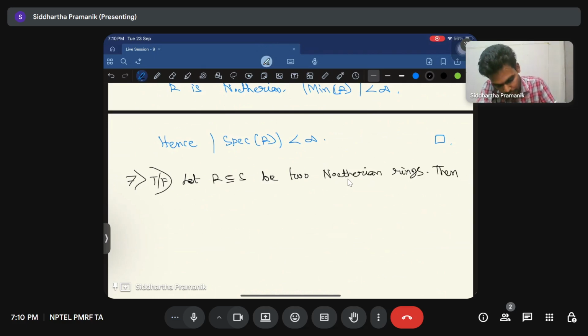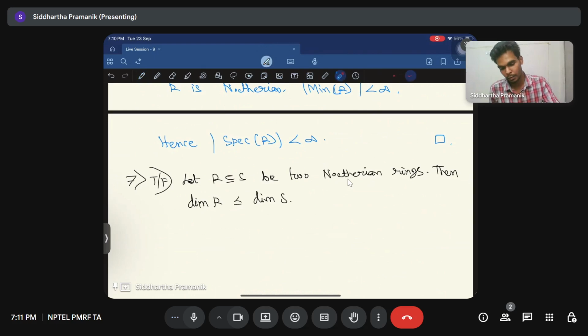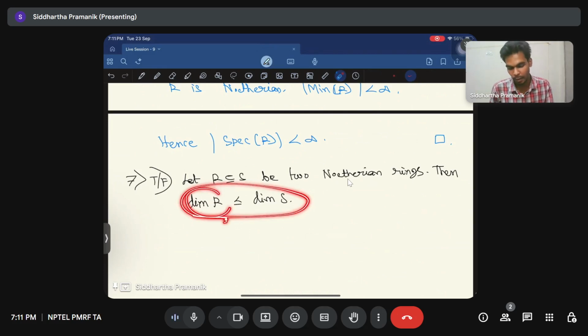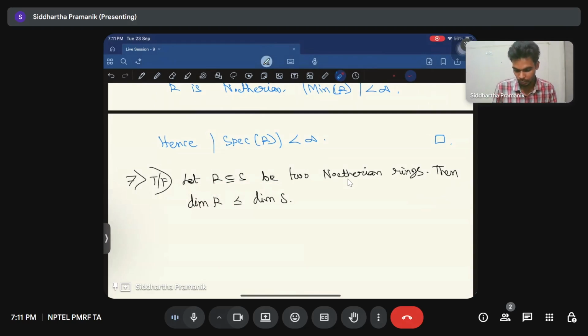Then the Krull dimension of R is less than or equal to the Krull dimension of S. So it is true or false. So if a Noetherian ring R is contained in another Noetherian ring S, then dimension of R is less than or equal to dimension of S. So this is true or false.